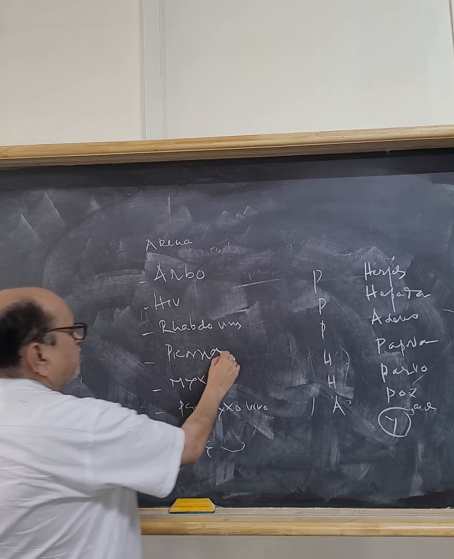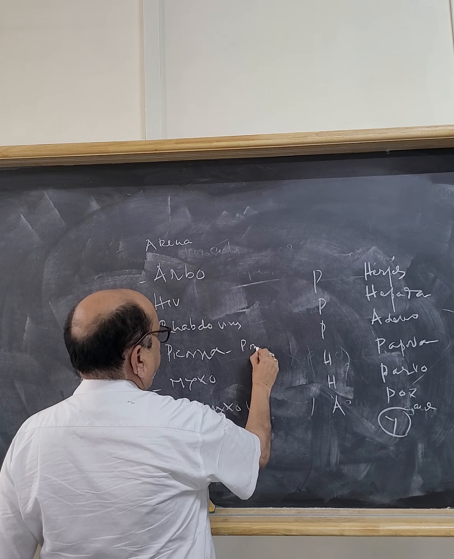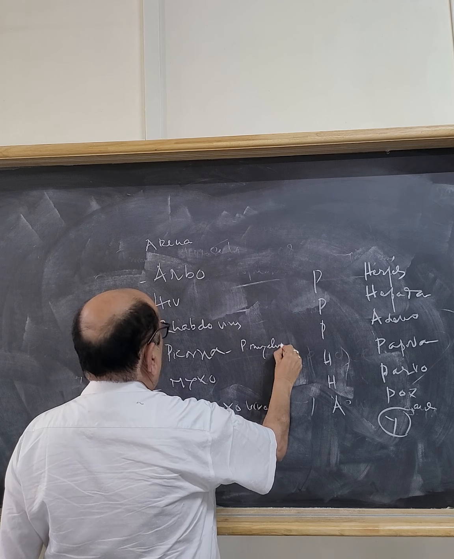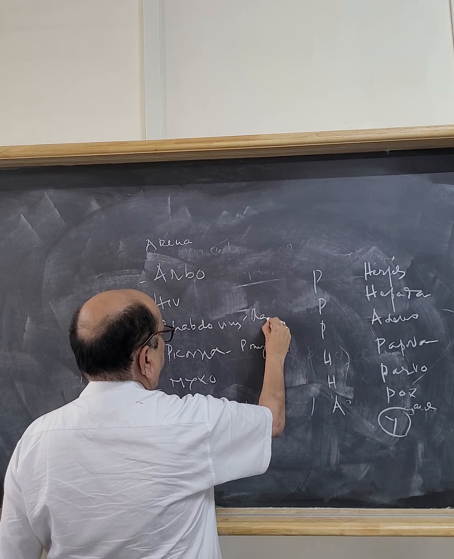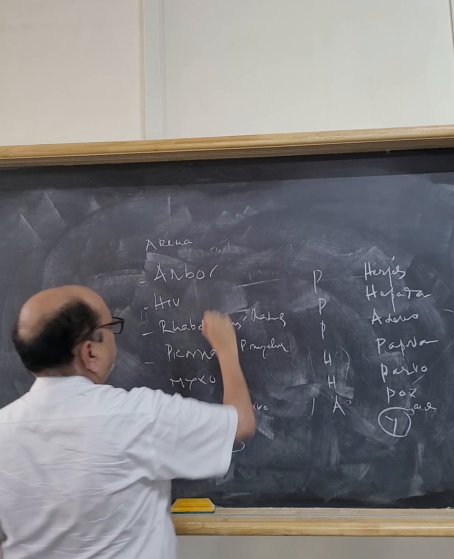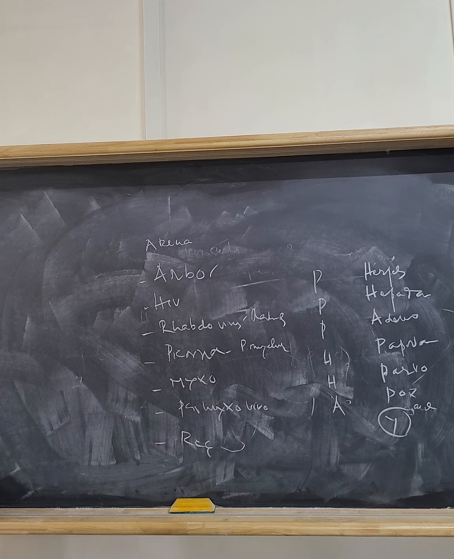Picorno causes poliomyelitis. Rhabdo, rabies. Arbo, you have chikungunya, dengue, and all that. Arbo means arthropod borne viruses.